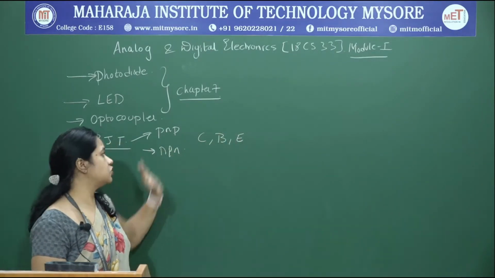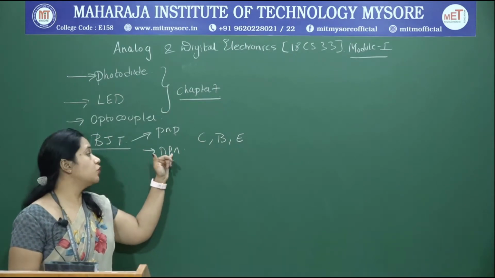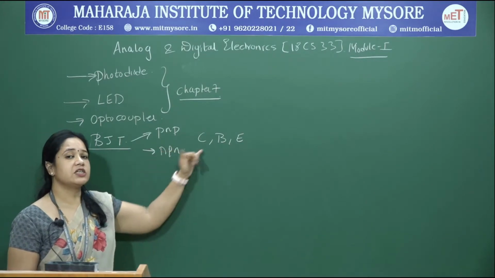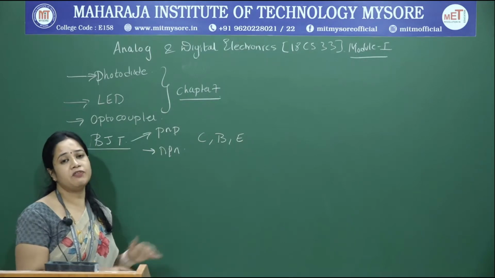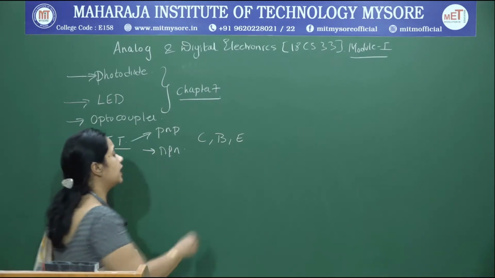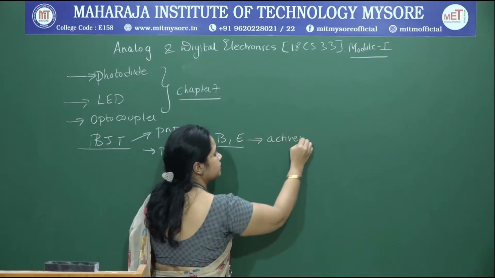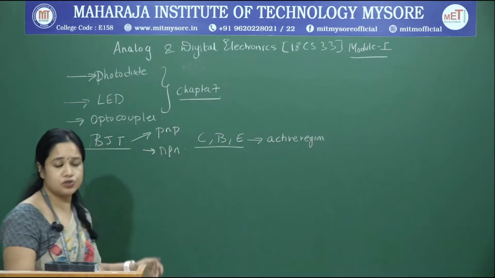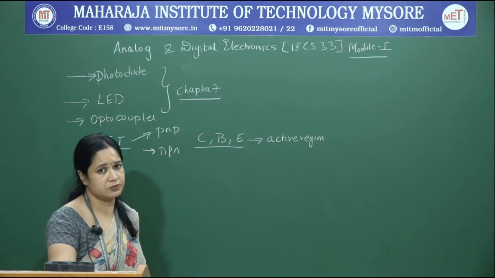The basic working of these transistors you have already seen; you have seen the constructional details, you have looked into the characteristics, and into the various regions in which a transistor operates. If you want amplification, you see to it that the transistor is always working in the active region. To keep the transistor in the active region, the base emitter junction should be forward biased and the collector base junction reverse biased.